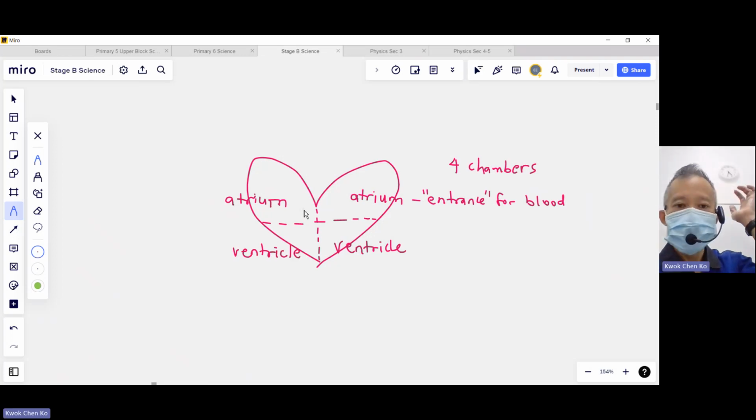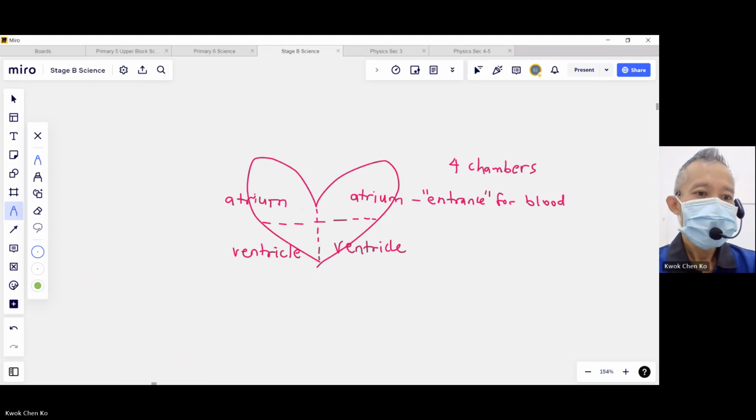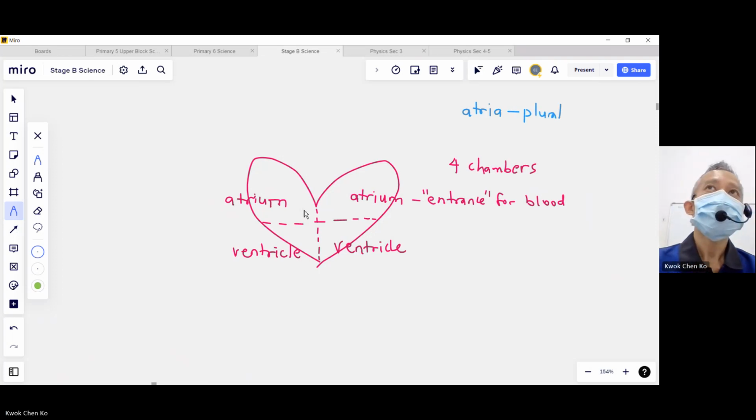So you have 2 ventricles and 2 atria. This is not an English lesson, but just a note, the plural of atrium is atria. Ventricles, no surprise here, are the exits.